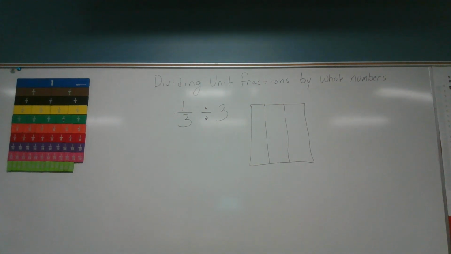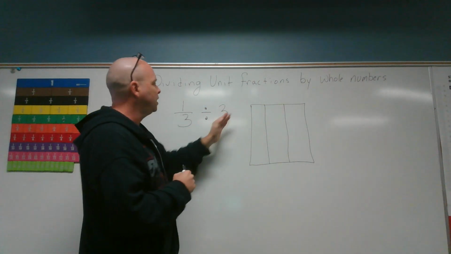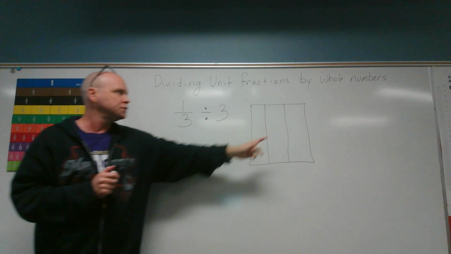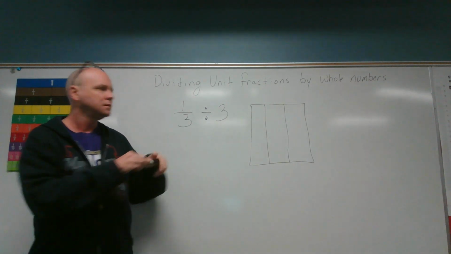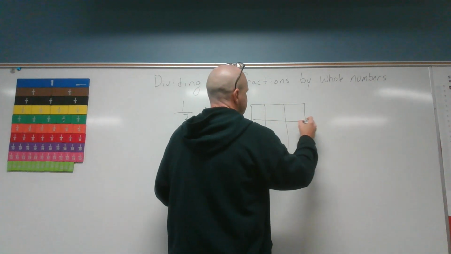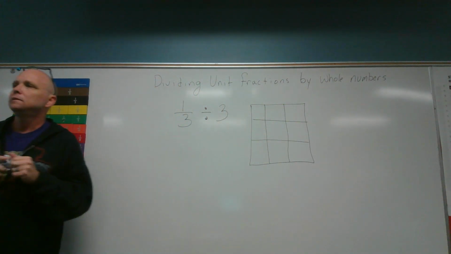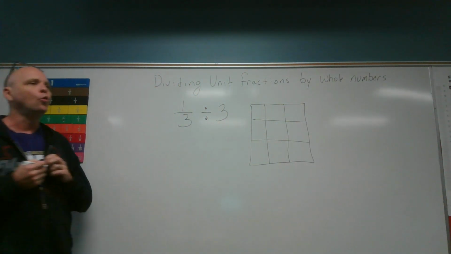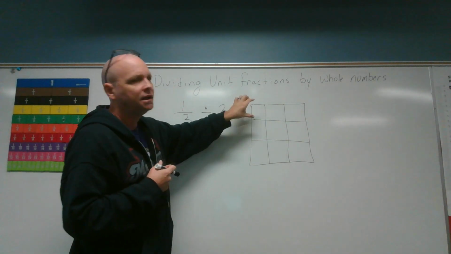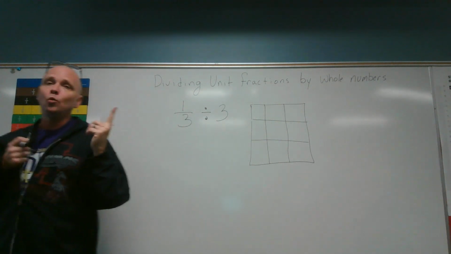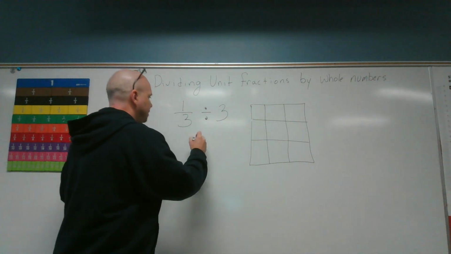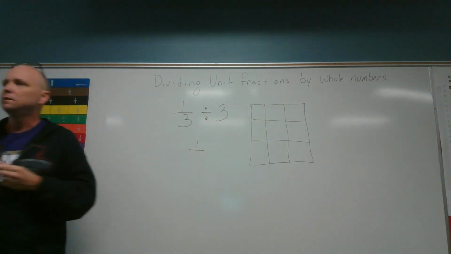So next, we divide each of these 1/3 by 3. And then we want to see what one piece equals. Since we're going to see what one piece equals, obviously my numerator is 1.